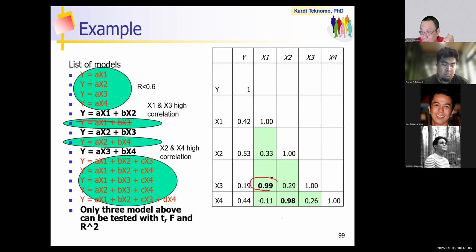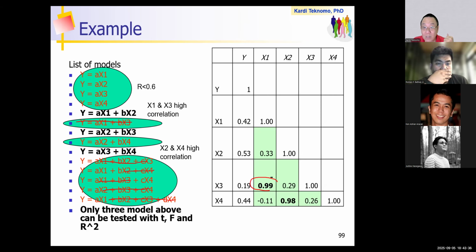The same thing, everything that contains high correlation, with this X2 and X4, we exclude. This one is X1 and X3, we don't use. This one is X2 and X4, we don't use. This one is X1, X3. This one is X2, X4. This one is X2, X4, and X1, X3. So this is not used.